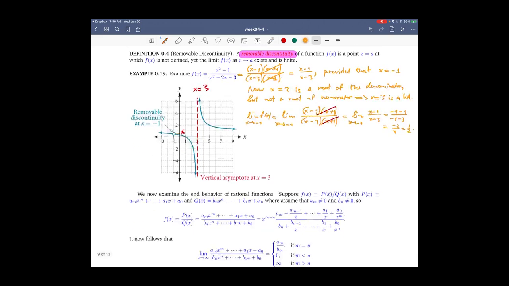Because if we consider the function say g of x, which is f of x when x is not -1, and 1/2 if x is -1, then we would remove the discontinuity at the point -1.